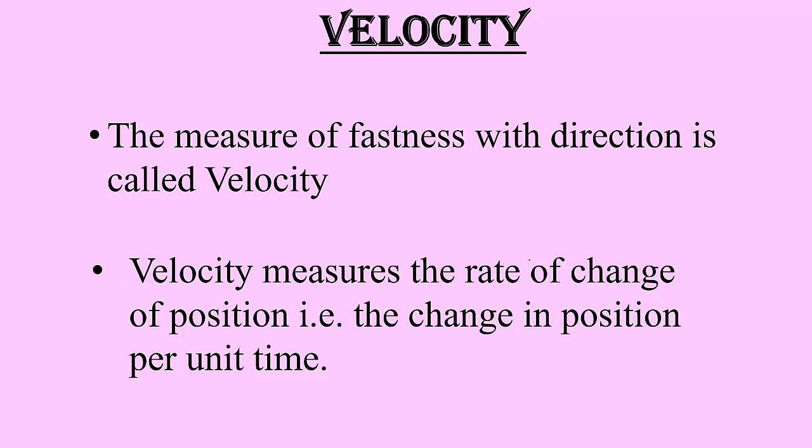Again, here we can measure the fastness or slowness of the vehicle or an object, but with direction. That gives velocity, and velocity measures the rate of change of position. Rate means time here. We are measuring change in position with respect to time. The change in position per unit time is measured by velocity.